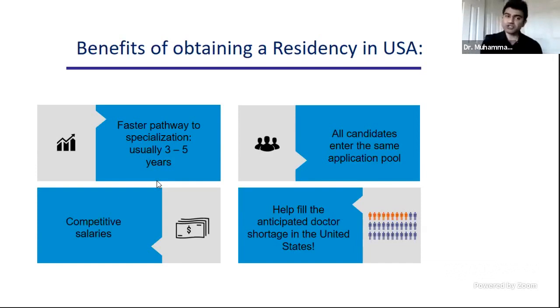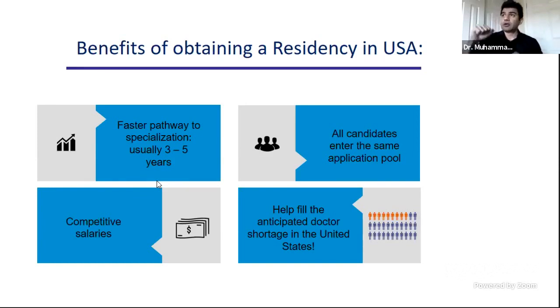As physicians, we always want to learn what is coming up for the next generation. At the same time, this is one of the faster paths. You finish medical school, and now you have 3 years. You can be a specialized physician in the United States within 3 to 5 years.